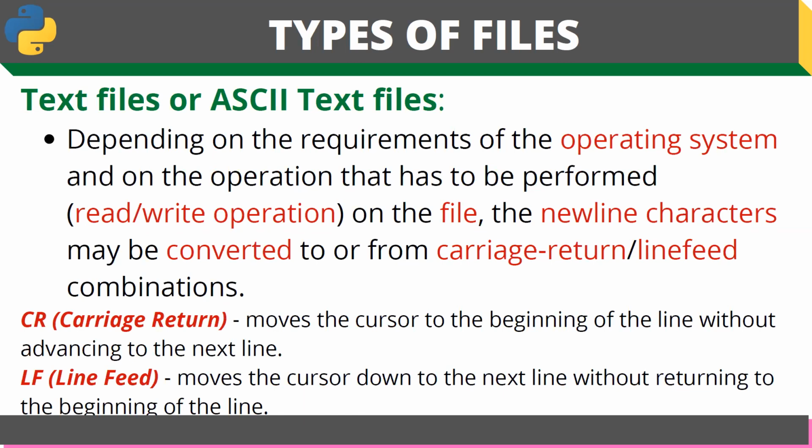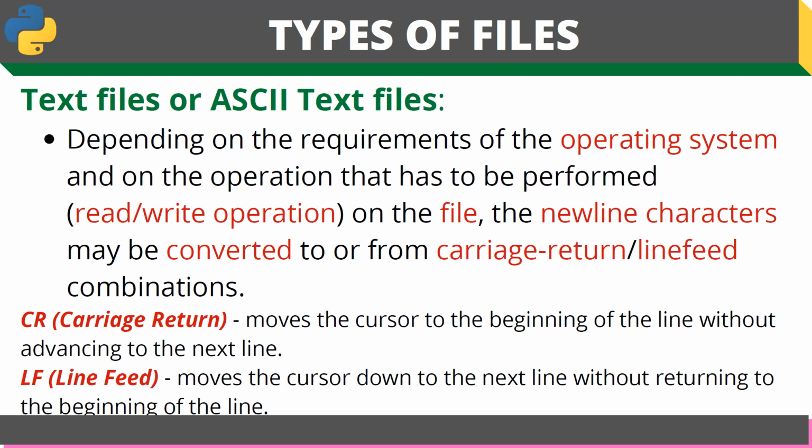In Python, a text stream is treated as a special kind of file. Depending on the requirements of the operating system and on the operation that has to be performed, either read or write, the new line characters may be converted to or from carriage return or line feed combinations. What is the meaning of carriage return? It moves the cursor to the beginning of the line without advancing to the next line.